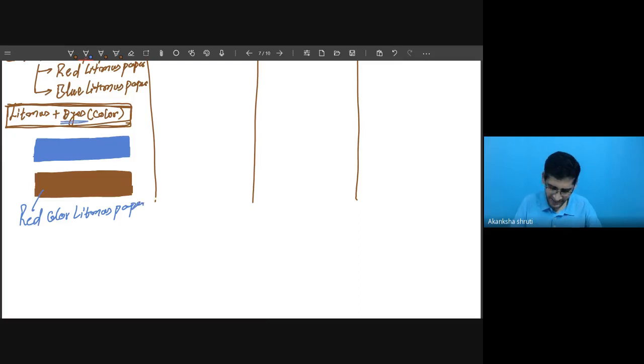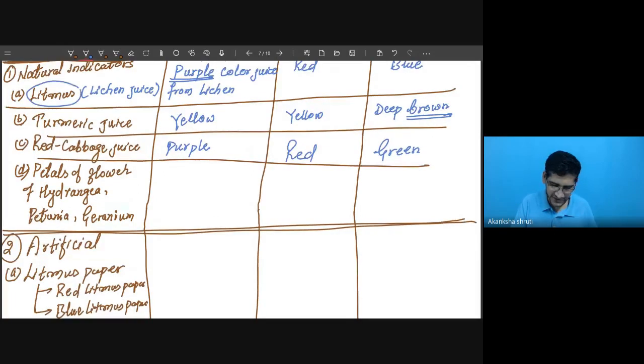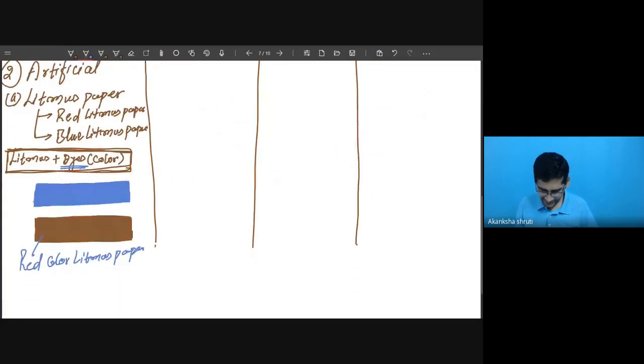Meaning when dye is added to this natural litmus, student, the same natural litmus which I have taken, red color dye is added to get this red color litmus paper. And if you are adding the blue dye in this, you will get this as the blue color litmus. Okay, it is this one.